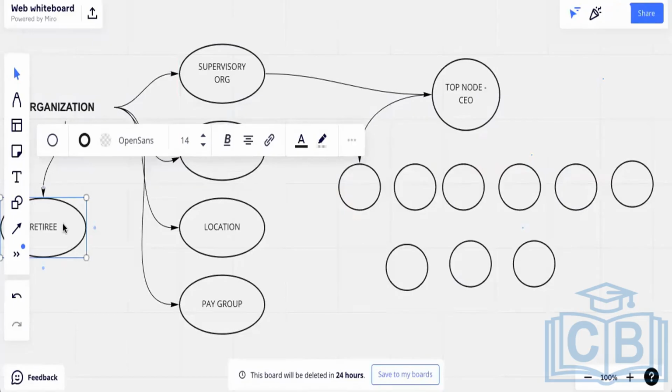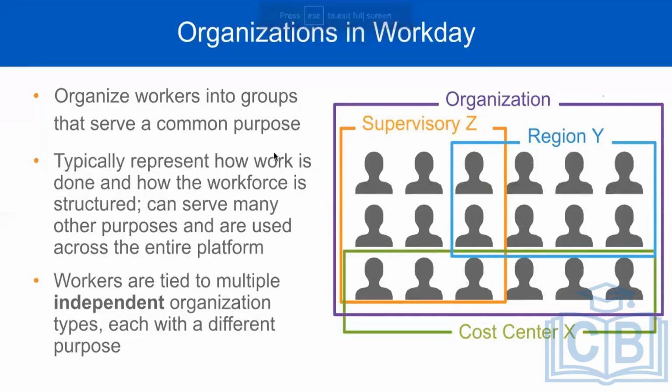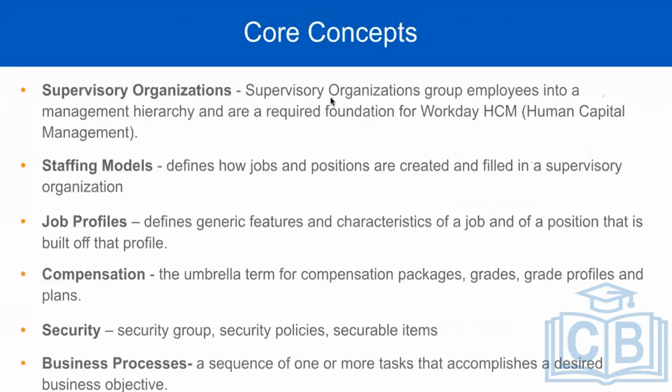I'm just giving you some of the common ones which we will also create and look into. Maybe not the pay group, but location, cost center, and supervisory organization we will create. There's a lot more to it once we jump into the hands-on mode, and we'll talk a lot about all that.